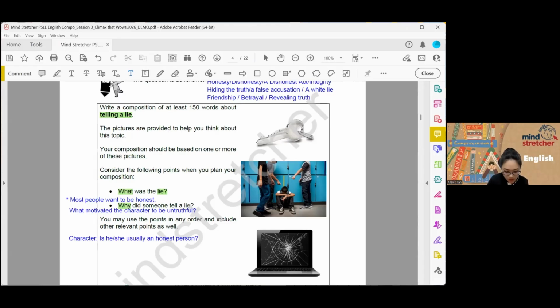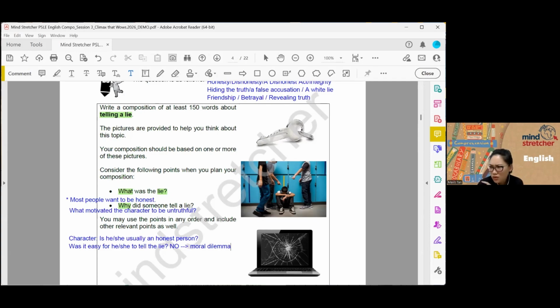Another question, I'm giving you additional pointers, okay? Was it easy for he or she to tell the lie? If you say no, then perhaps there was a moral dilemma involved. And today, this is something we are going to look at as well. Correct?